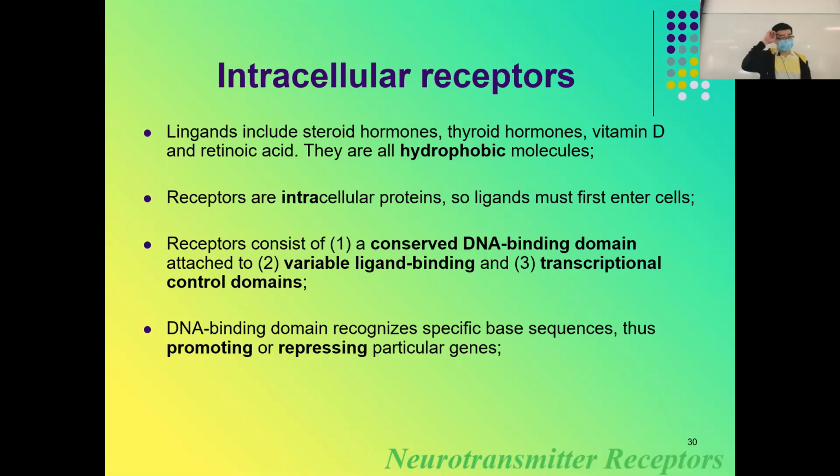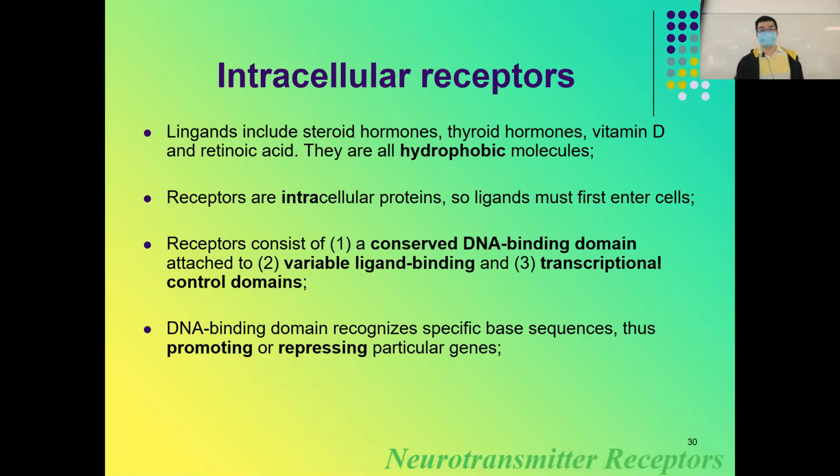Now you see that this class of receptors or hormones will have more global effects, depending on the cell type, which we will talk about in one of the examples that you may have heard about in the treatment of COVID-19 recently. The receptor consists of a conserved DNA binding domain attached to the ligand binding domain, and there are transcriptional control domains.